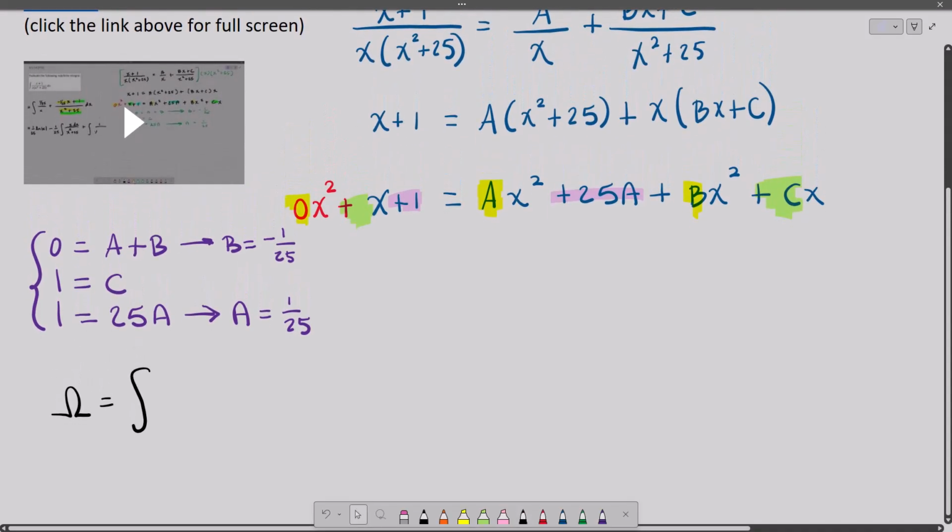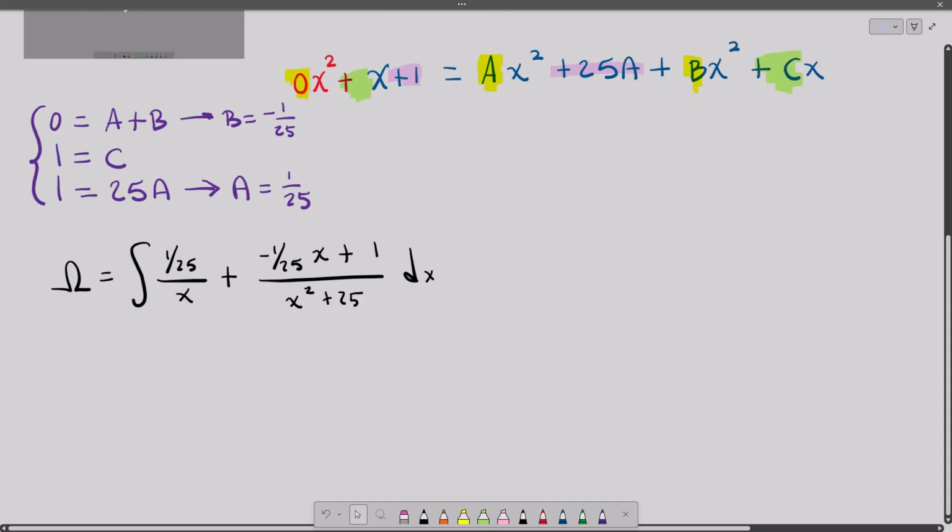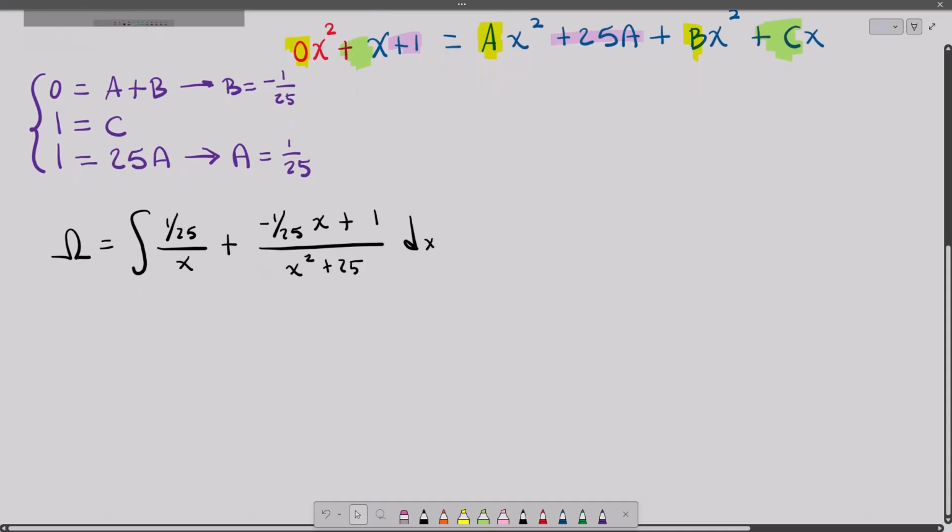So 1/25 over x plus b, which is minus 1/25, times x plus c over x squared plus 25. All right, so that is where we're at.